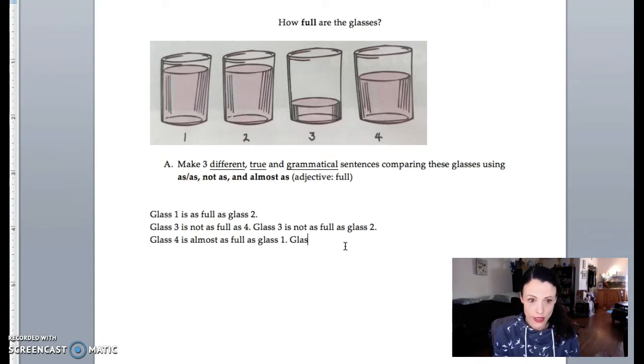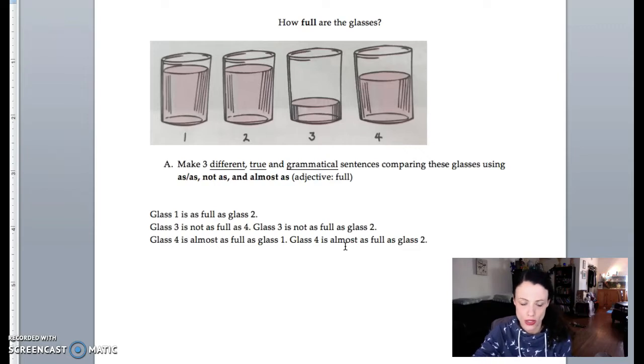Or glass 4 is almost as full as glass 2. Both of those would be true. Remember, "is" is the verb. Some people forgot "is," and they said glass 4 almost. So you have to make sure that your sentence has a verb. So this part was the best for most people.